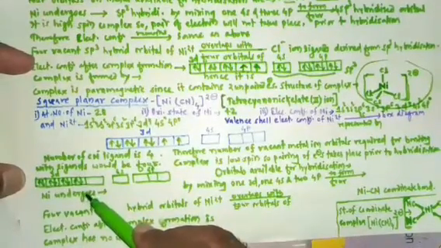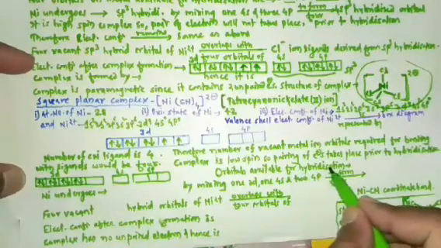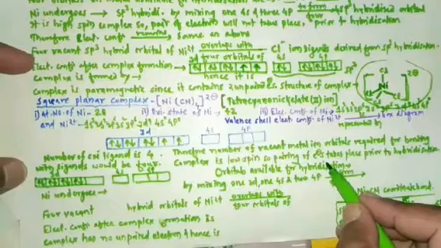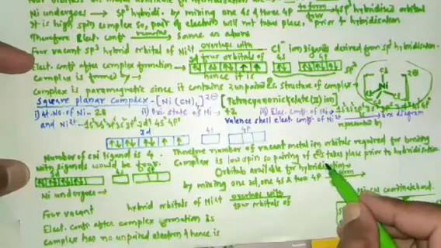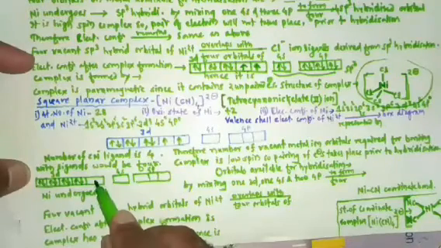So now the orbitals available for hybridization are one 3d. This is a vacant orbital.